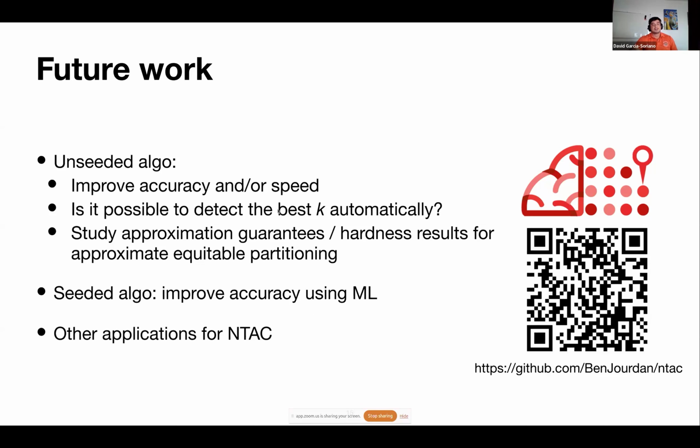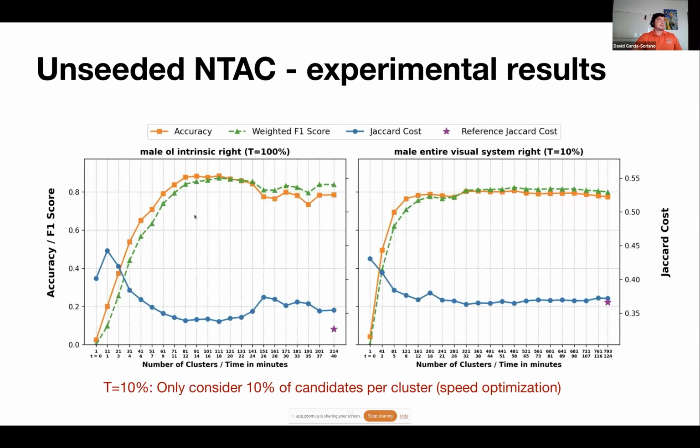Another question is how to detect the best number of clusters automatically. Here we see that there's a point beyond which it doesn't seem to improve much. So maybe there's a way of detecting the number of clusters automatically. I should say that if we actually increase this a lot, up to the total number of clusters, the blue line would go to 0.